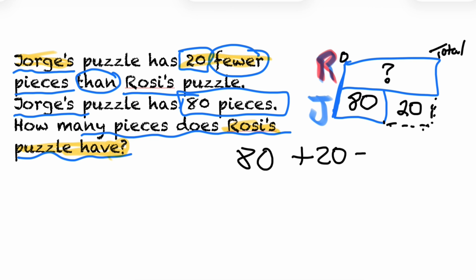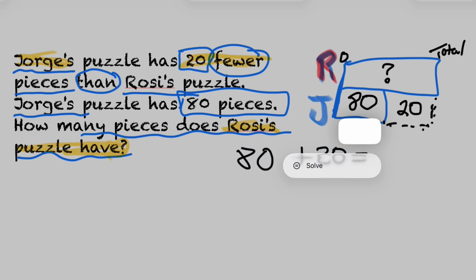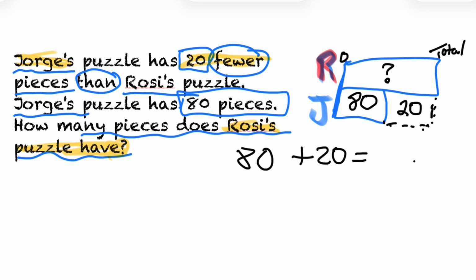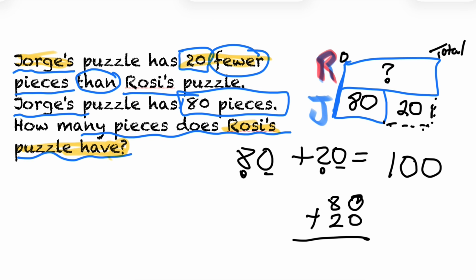And since I know 8 plus 2 gives me 10, I'm going to go ahead and add a 0 at the end, making my answer 100. This makes sense because 80 plus 20, 0 plus 0 is 0, and 8 plus 2 is 10.